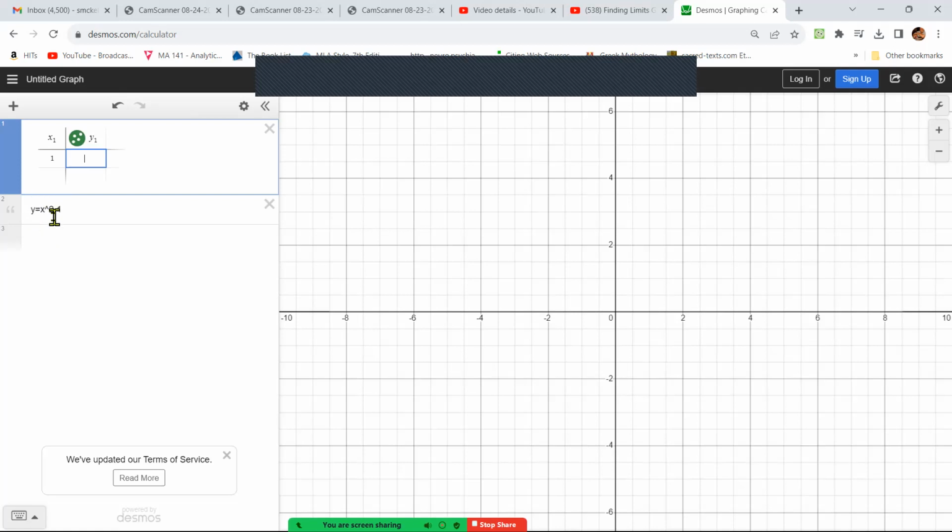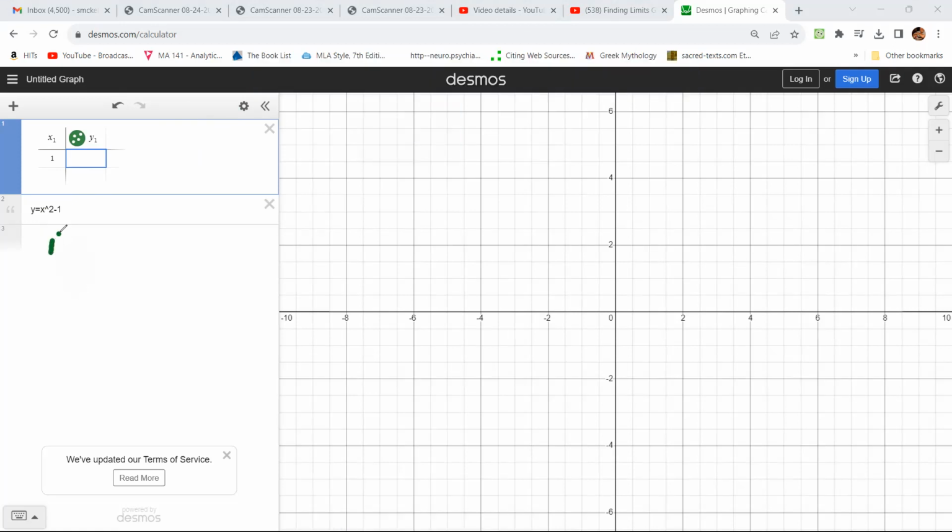I have to choose values that are 1 or larger, right? So if I put a 1 in here, then essentially I'm saying 1 squared minus 1, and that's equal to 0, right?